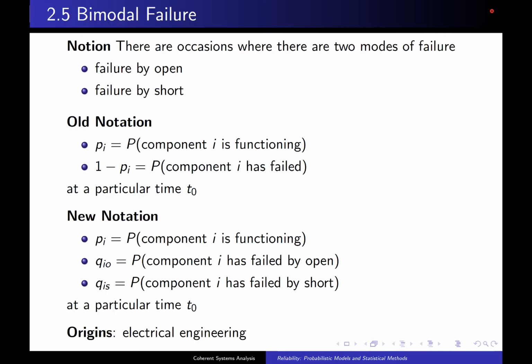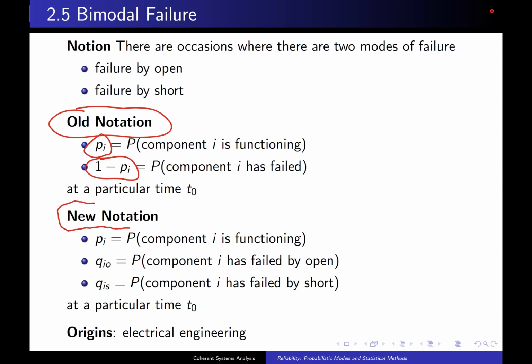The final topic, which is not covered in the book, is bimodal failure. So here's the notion. There are occasions where there are two modes of failure, failure by open and failure by short. So the old notation which we have worked with so far is P sub I is the probability that component I is functioning, which means that 1 minus P sub I is the probability that component I has failed.